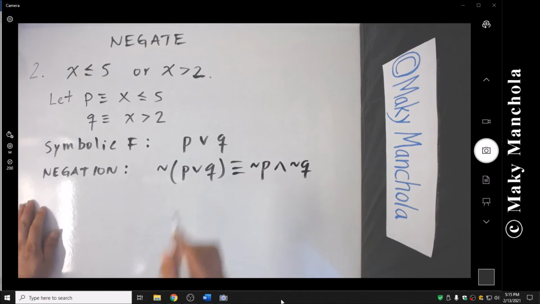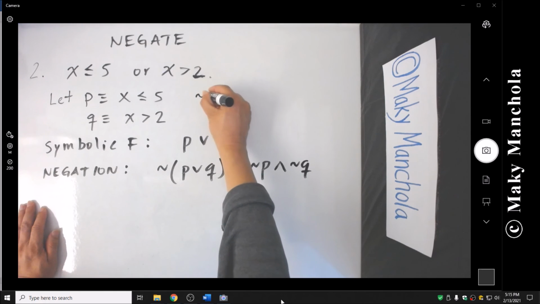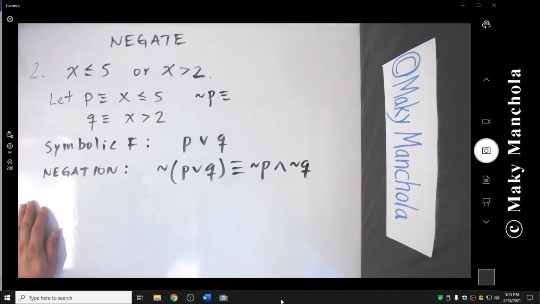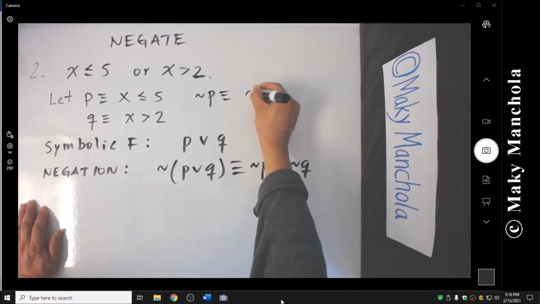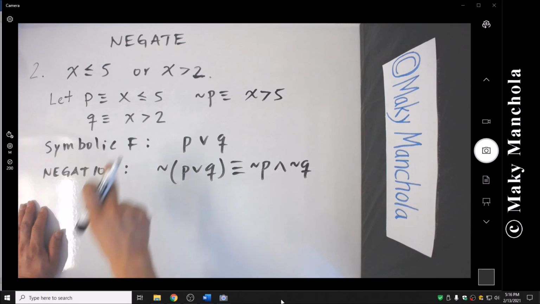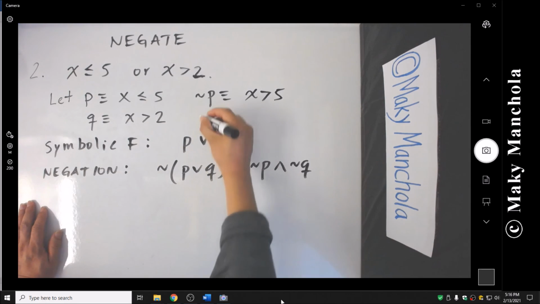Now, let's see what the negation of P should be. What's the negation of x being less than or equal to 5? Well, it will have to be that it's not less than or equal to 5. In other words, x would have to be greater than 5. Negation Q. Well, Q is x is greater than 2.